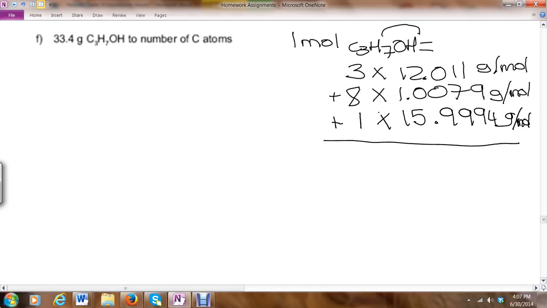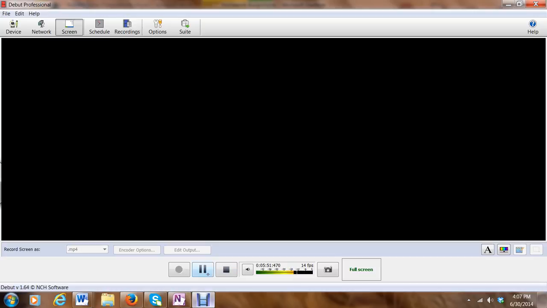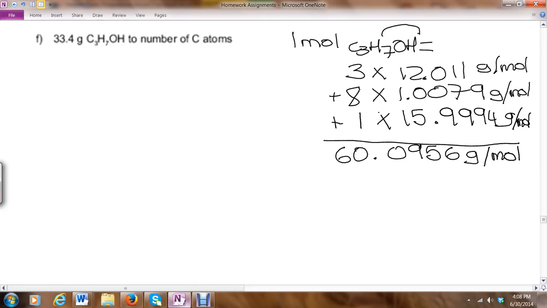And this is going to be 3. Now I'm going to put a pause while I do this calculation so we don't waste time on the video. Okay, I did it. You can verify the calculation, but it's 60.0956. We leave it with the same amount of sig figs until we finish the problem.